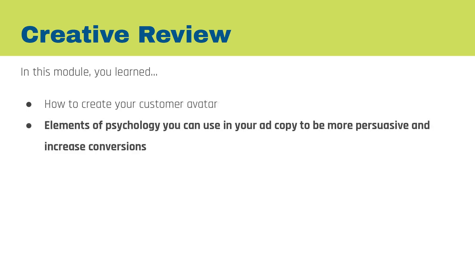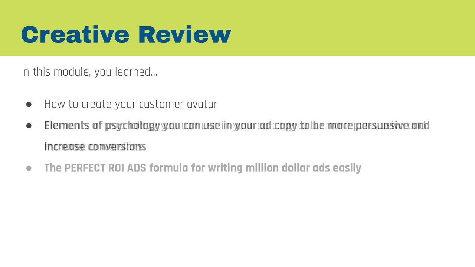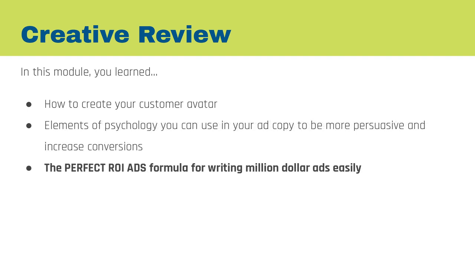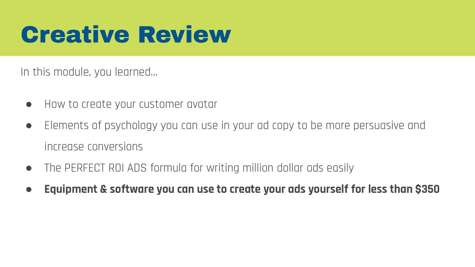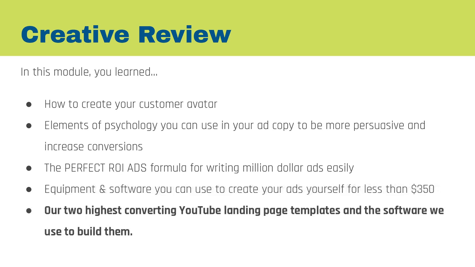You learned the elements of psychology that you can use in your ad copy to be more persuasive and increase conversions. You learned the perfect ROI ads formula for writing $1 million ads easily, and the equipment and software you can use to create your ads yourself for less than $350. And you also learned our 2 highest converting YouTube landing page templates and the software that we use to build them.